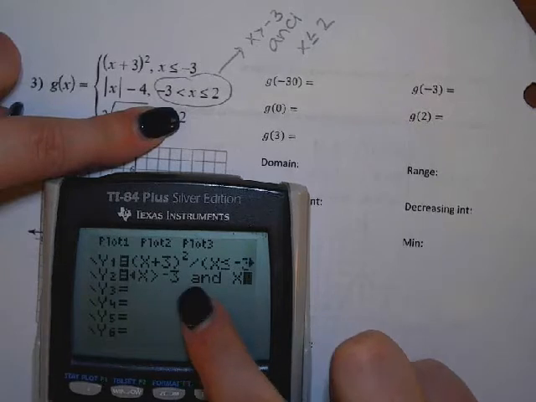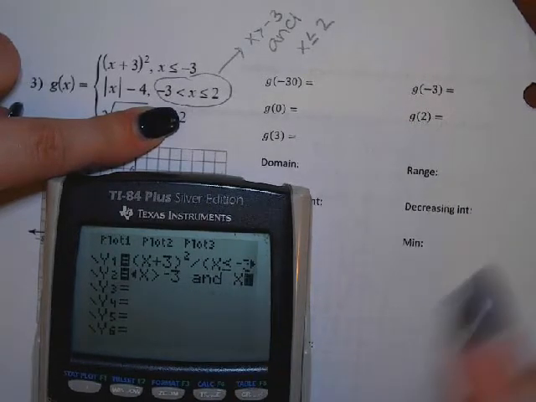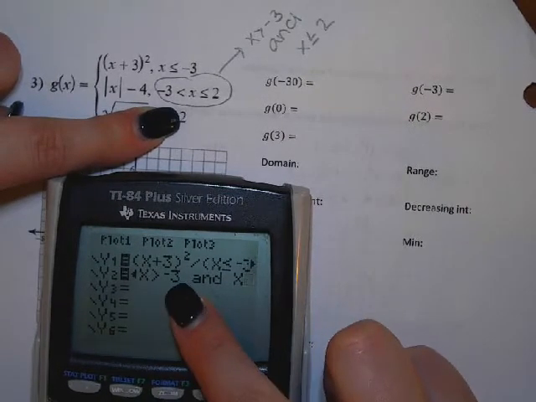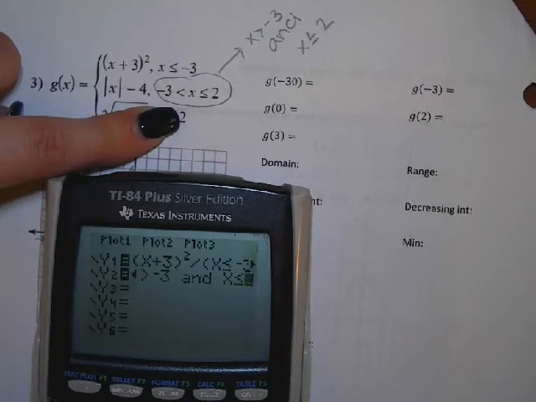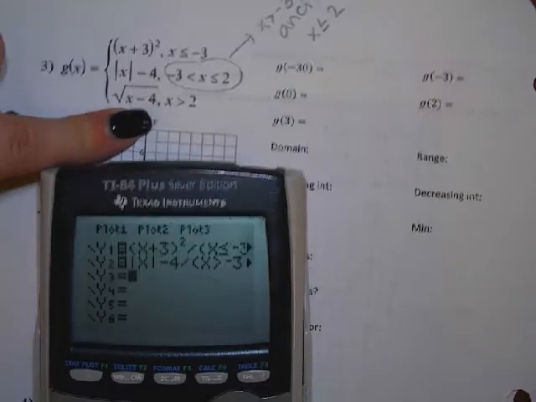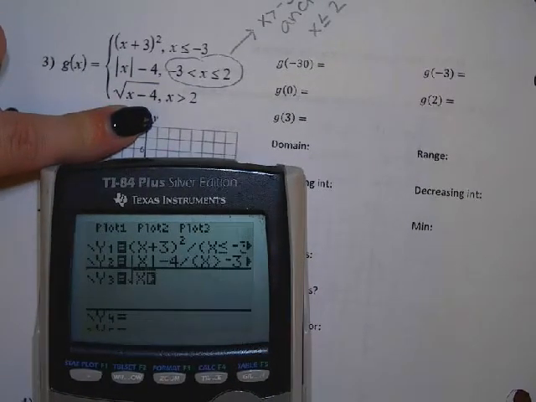You do not put parentheses yet. We're going to do the whole thing and then we're going to end the parentheses. So x is greater than negative 3 and x is less than or equal to 2. All right, and then we got the last one, square root x minus 4.